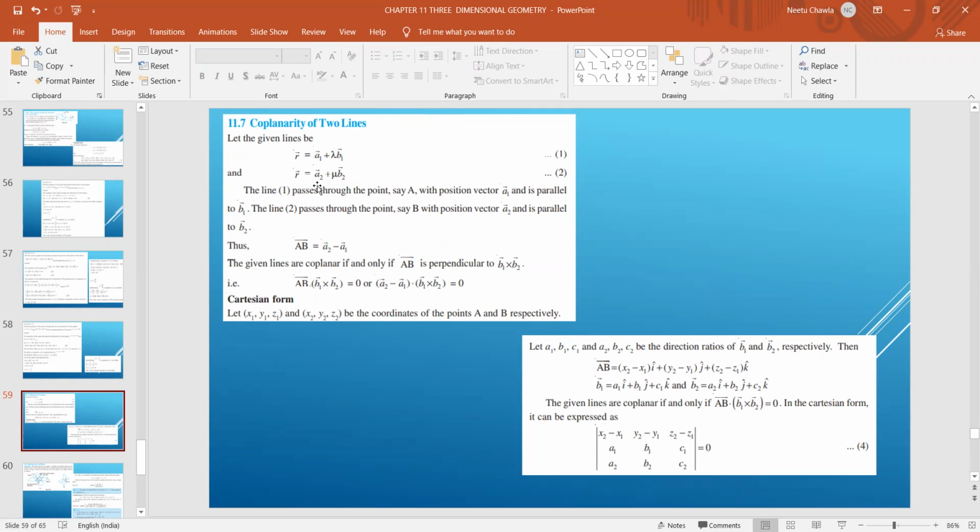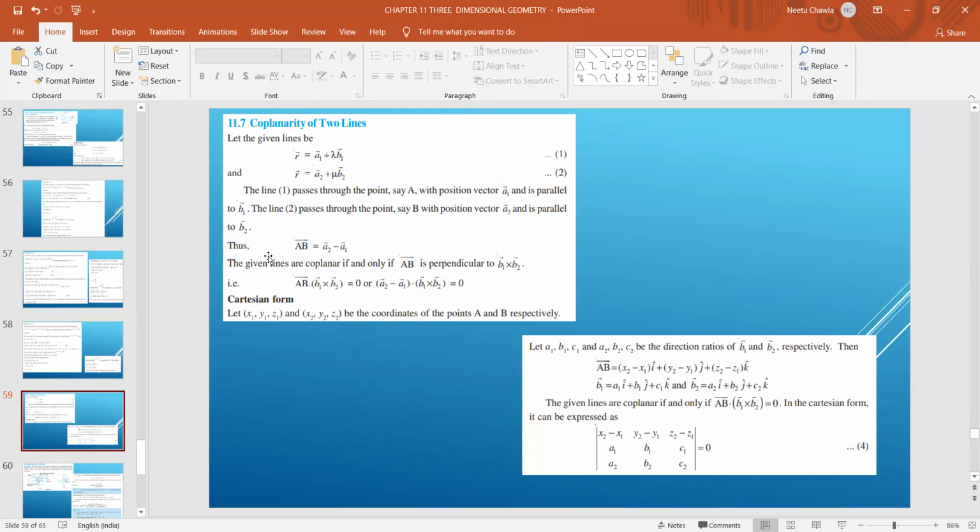And r vector is equal to a2 vector plus mu times b2 vector. Line 1 is passing through the point say A with position vector a1 vector and is parallel to b1 vector. Line 2 is passing through a point B with position vector a2 vector and is parallel to this b2 vector.